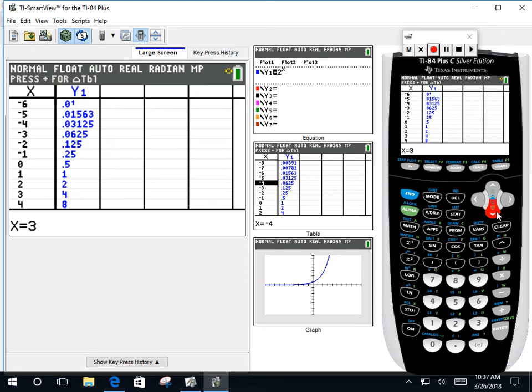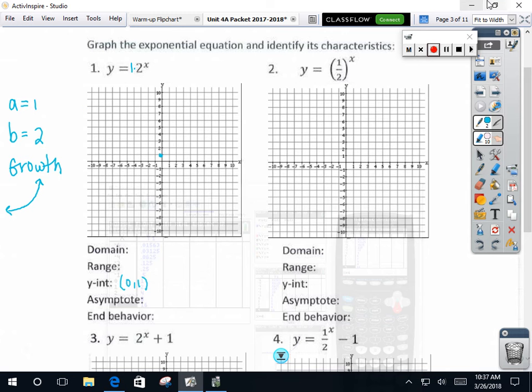We've already plotted 0, 1. That was the y-intercept. Now I'm going to plot 1, 2, 2, 4, and 3, 8. So right 1 up 2, right 2 up 4, and right 3 up 8. And after that, the next number would be right 4 up 16, and I can't fit that on there. So I'm finished with this side of the curve.